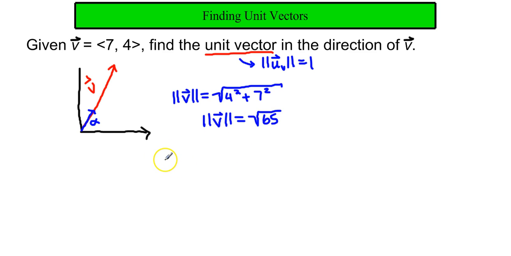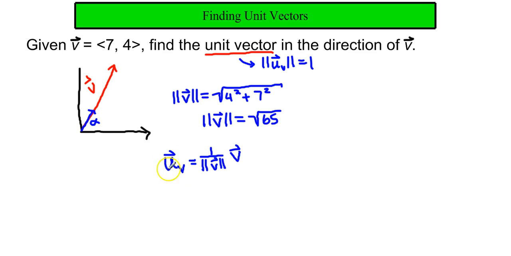But we want to write this as a unit vector in the same direction as v. So what we do is we take this magnitude of v and we multiply v by 1 over that magnitude in order to shrink that magnitude down to 1, where we want it.